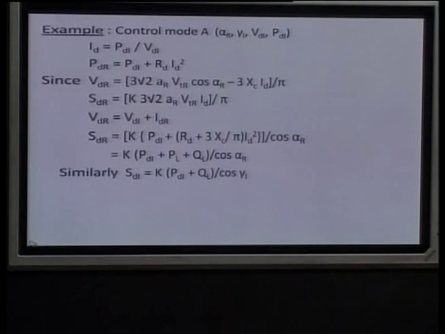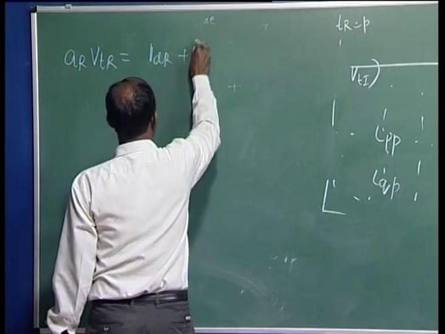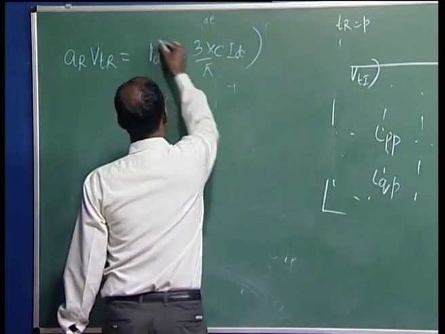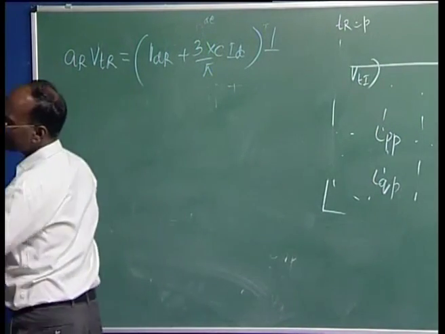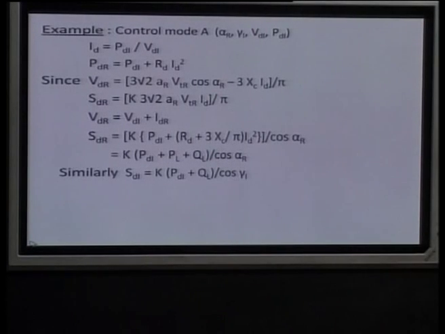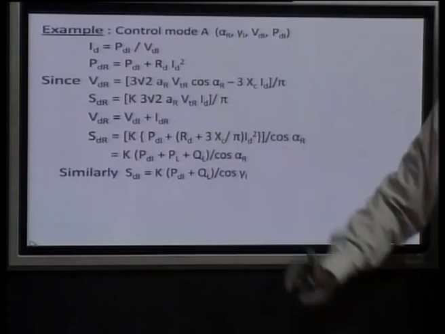Pi by 3 XZ. So, it is your VDR plus 3 XC by pi ID. Here we can take this coefficient, because it is already lying here. We have this term also, and this term we can take here.